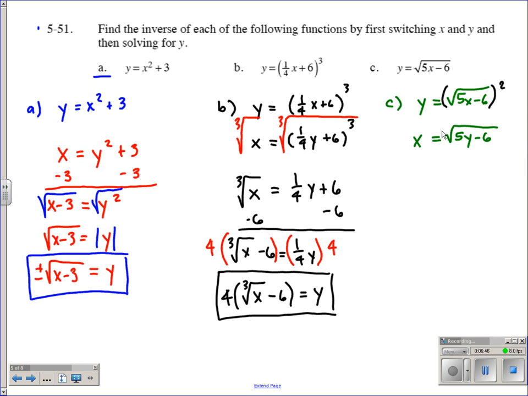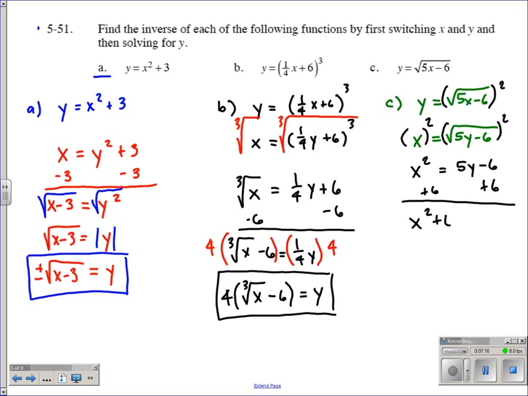So, back to it. Now we're going to square each side. So we're looking at x squared equals, and remember, when you square a radical, there's no need for absolute value. I know that some people get all excited and they want to put absolute values everywhere now, but it's not necessary. Go ahead and add our 6. We're just on cruise control now.